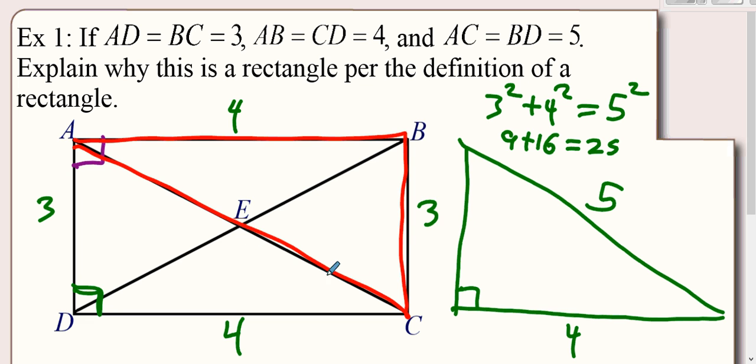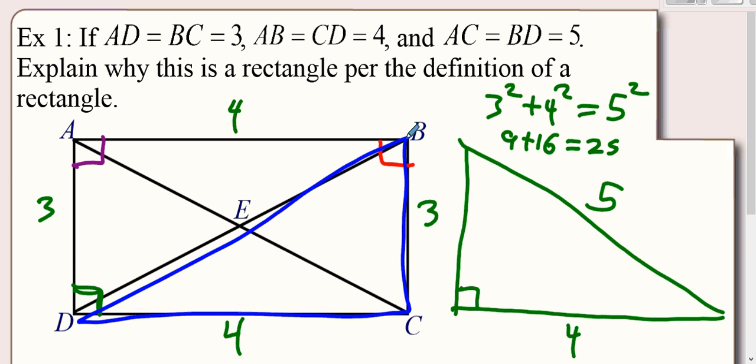Again, the long side is 5, this side's 3, that side's 4. So again, 3 squared plus 4 squared equals 5 squared, which means that's a right angle because it's a right triangle. And you can do the same thing down here with that triangle. 3 squared plus 4 squared equals 5 squared, which means that's also a right angle. So it's got to be a rectangle.